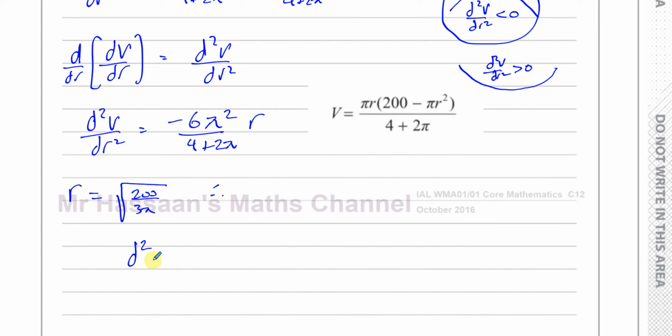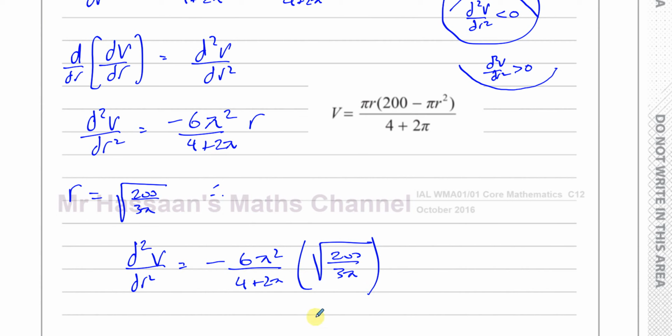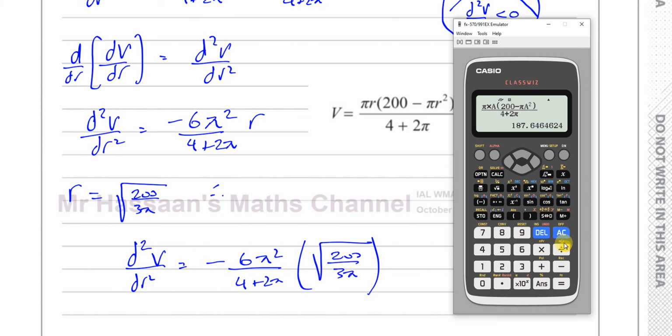So d squared V over dr squared is equal to minus 6 pi squared over 4 plus 2 pi times the square root of 200 over 3 pi. We can see for sure this is going to be negative, but it's always best for us to actually calculate it. So we have minus 6 times pi squared divided by 4 plus 2 pi, all multiplied by the square root of 200 over 3 pi.